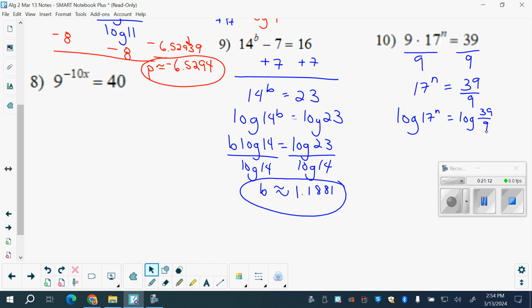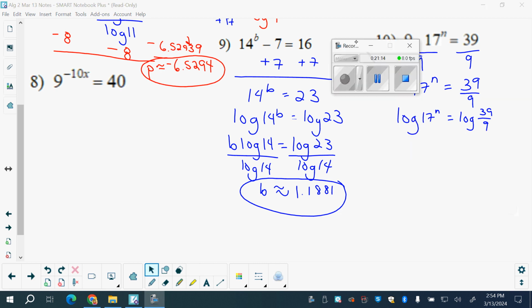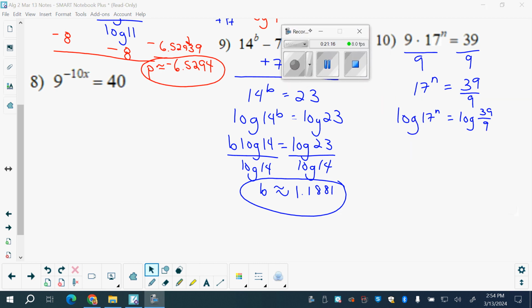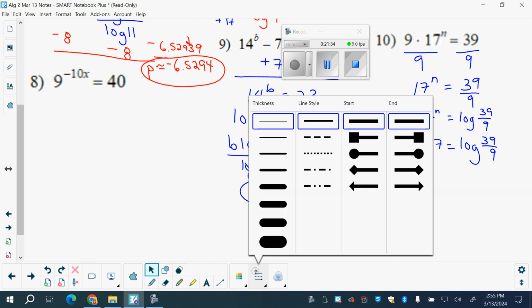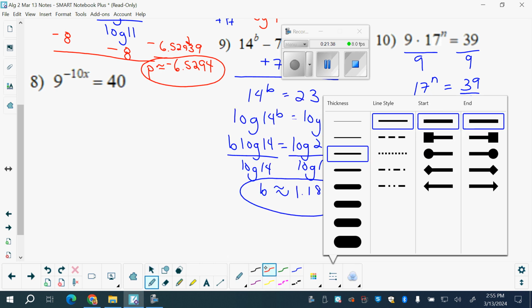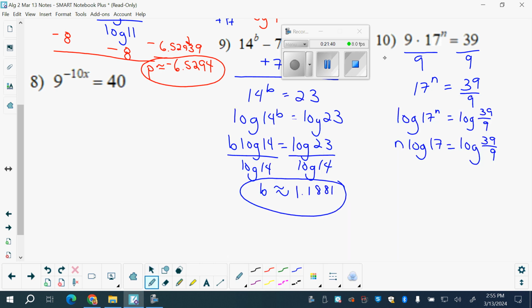I would leave it alone. You can get a decimal there, but make sure you round out farther than what you need in your answer. So move that exponent to the front: n log 17 equals the log of 39 over 9. And then what would your last step be? Divide both sides by log of 17.